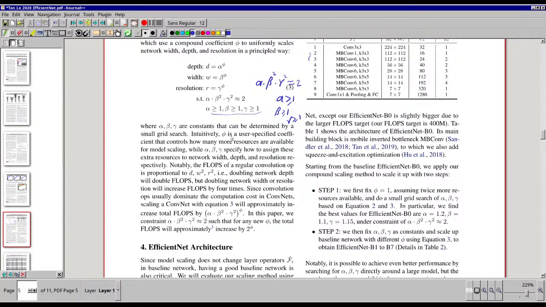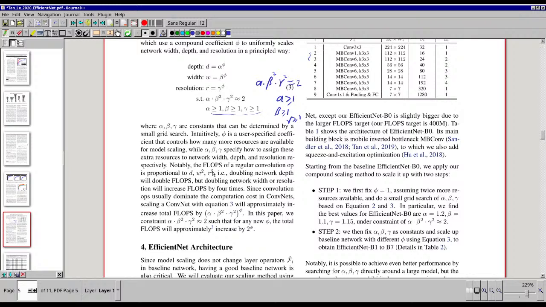Intuitively, phi is a user-specified coefficient that controls how many more resources are available for scaling, while alpha, beta, gamma specify how to assign these extra resources to network depth, width, and resolution, respectively.